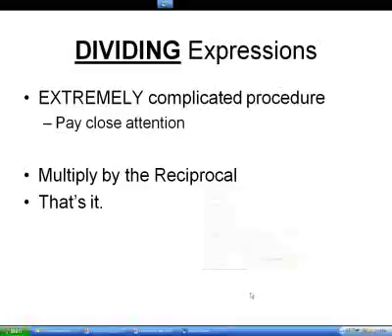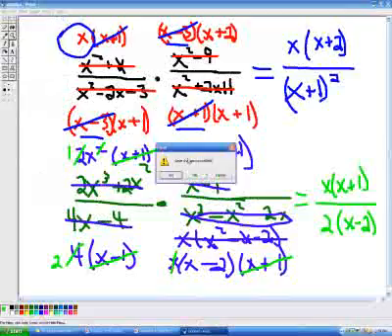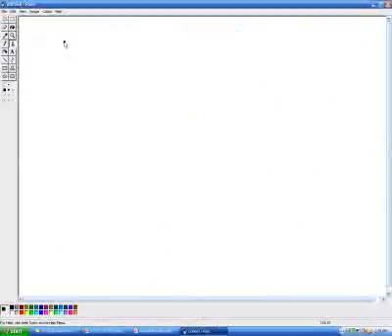So let's pop over here to our paint program again. No, we don't need to save it. And let's say we have, we'll just keep using the same stuff here.